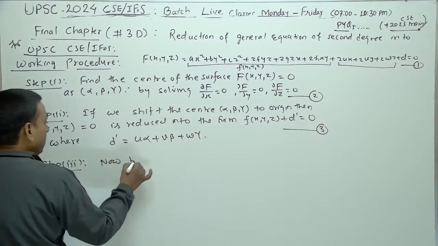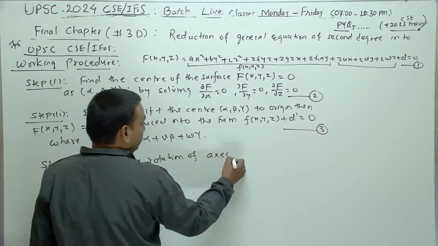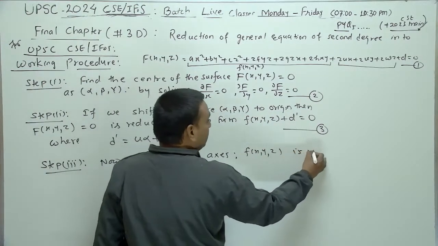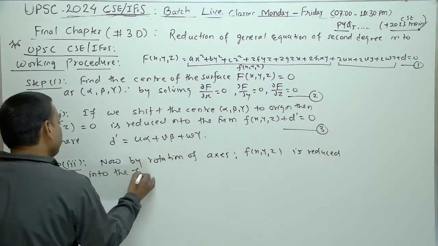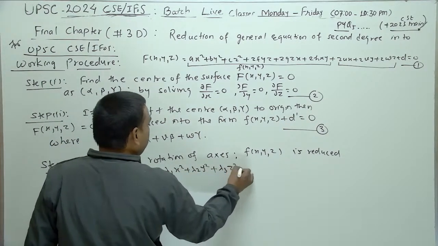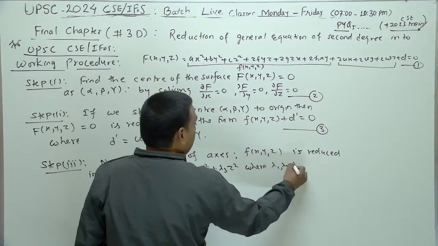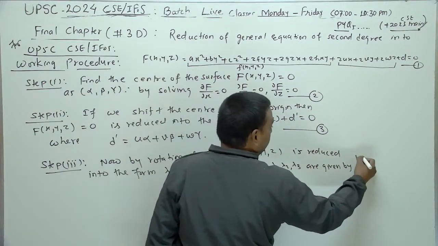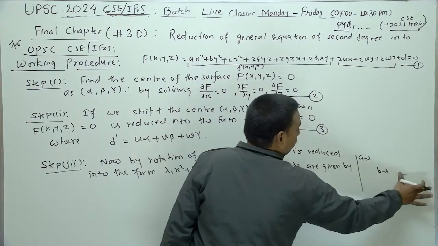Now by rotation of axis, small f of x y z is reduced into the form lambda 1 x square plus lambda 2 y square plus lambda 3 z square, where lambda 1, lambda 2, lambda 3 are given by discriminating cubic a minus lambda, b minus lambda, c minus lambda.